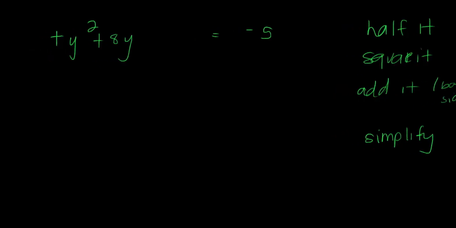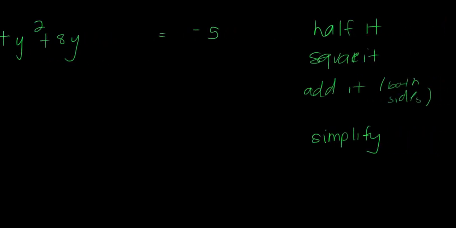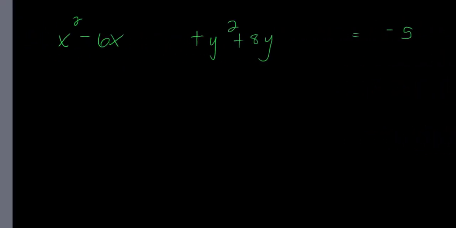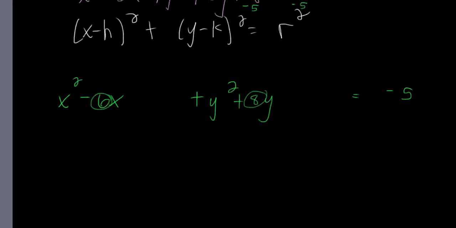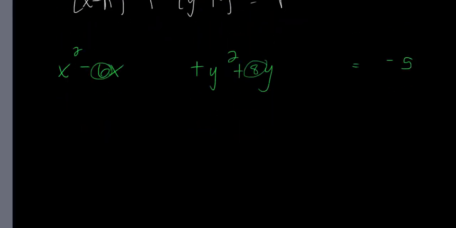So what are we halving? What are we squaring? What are we adding? It is the b term, the thing that's paired with the variable to the first power. So 6x, 8y. I say b term because we're looking at it as if it were in the form of ax squared plus bx plus c.